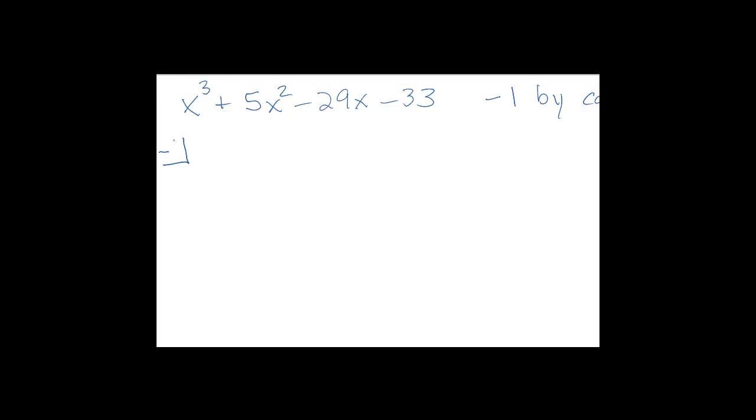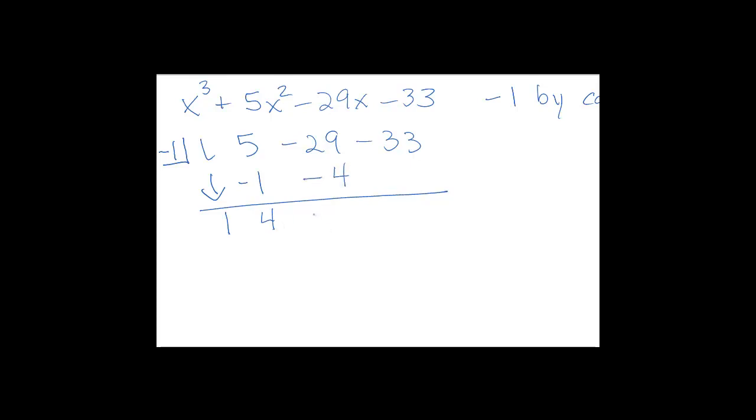So we'll do -1. Our coefficients, we have 1, 5, -29, -33, and this was a 1, sorry. 1 times -1 is -1. This gives us 4. 4 times -1 is -4.